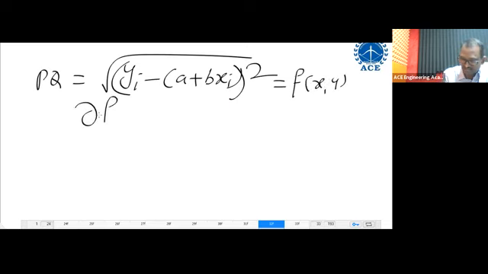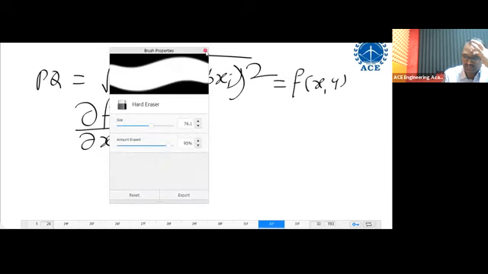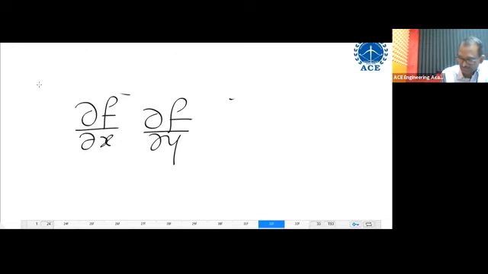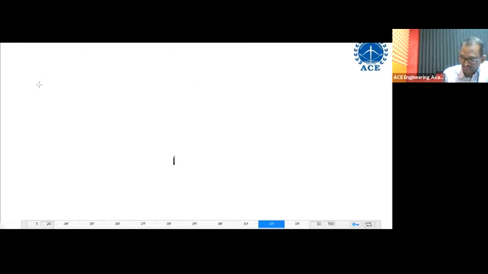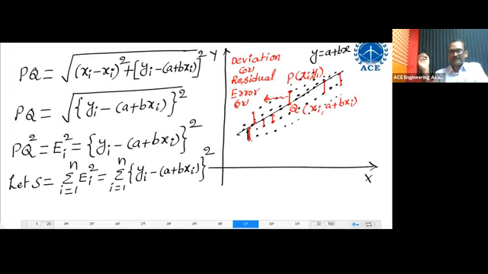Calculating these with a square root will consume a lot of time. So for simplicity, if the square root is eliminated, we can easily find dou f by dou x and dou f by dou y in order to find maxima or minima. That's why we need to square the errors.